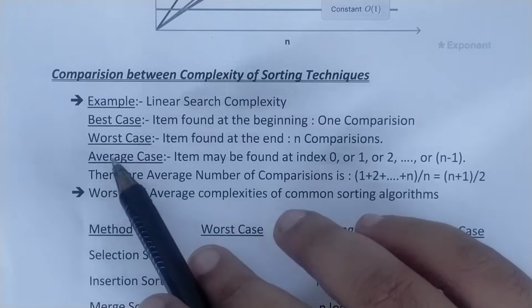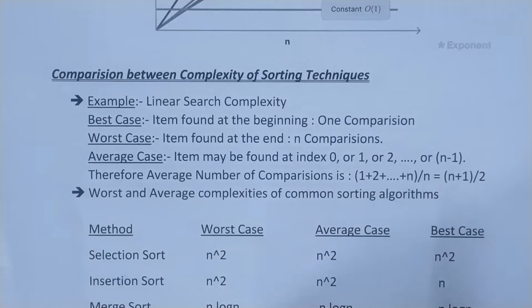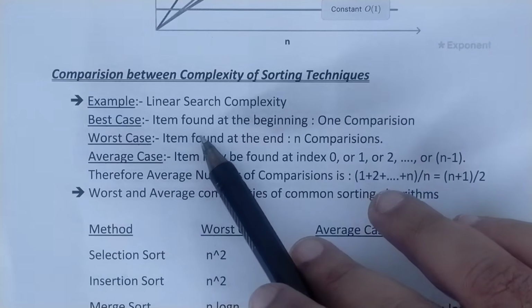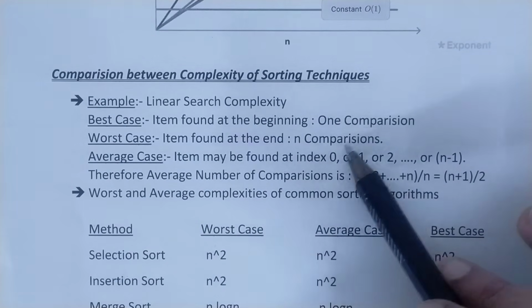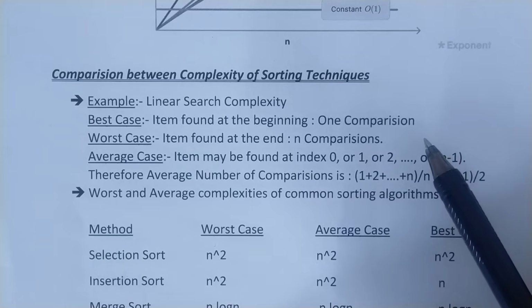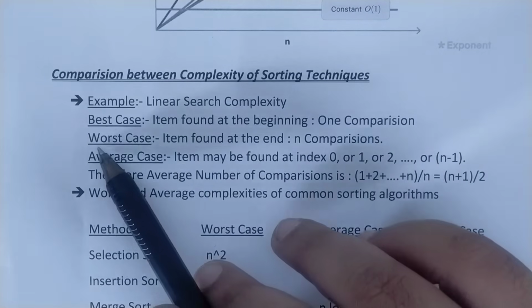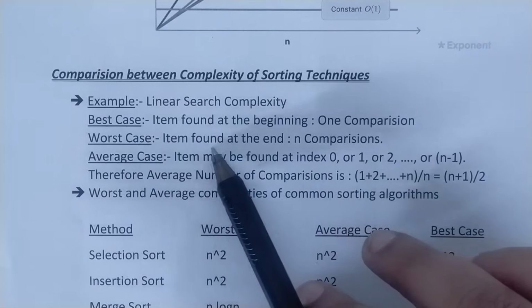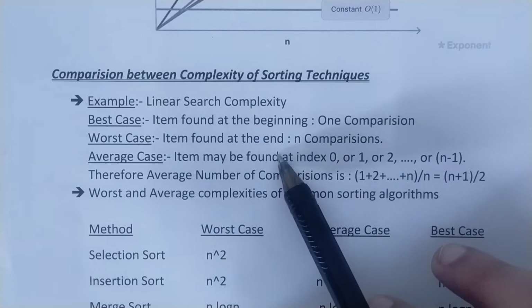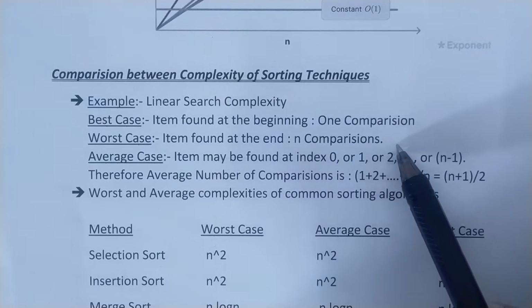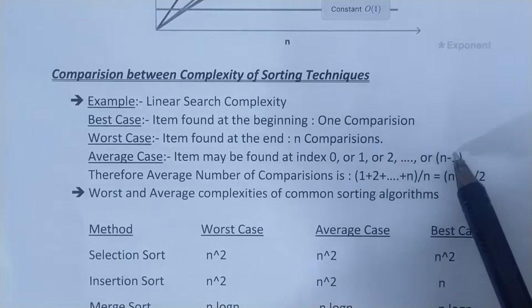Here I have discussed an example for calculating time complexity for the linear search algorithm. In this linear search algorithm, best case complexity is if the item is found at the beginning. So one comparison is required, hence best case complexity will be equal to 1. Now worst case complexity, if the item is found at the end of the array, then n comparisons are required, so worst case complexity will be equal to n.